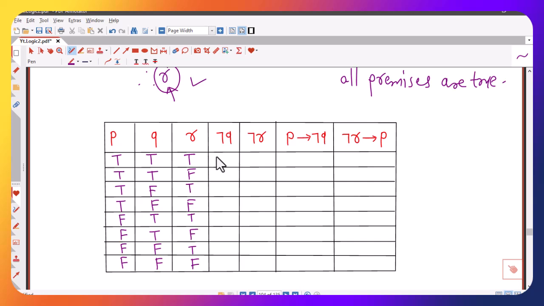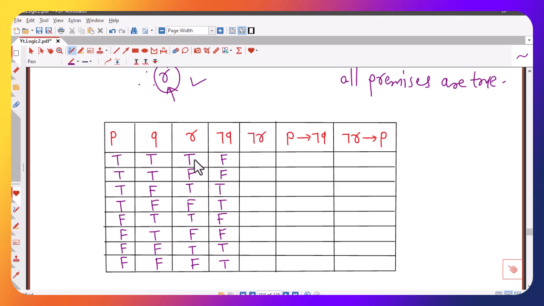Here I have negation q, so that is the opposite of the truth values of q. Here I have 2 times true, therefore I will write 2 times false. Here I have 2 times false, therefore here 2 times true, then 2 times f, 2 times t. Similarly here we have negation r.